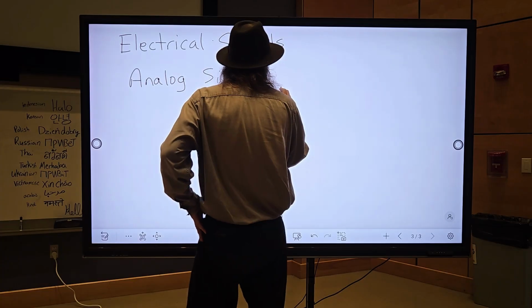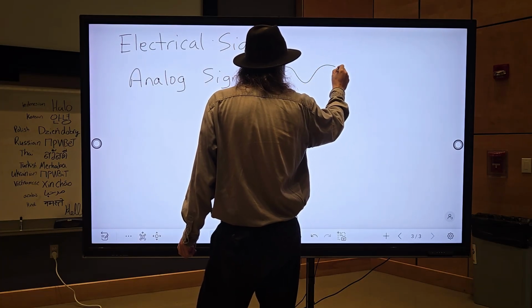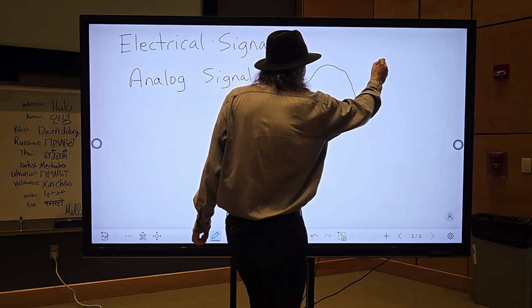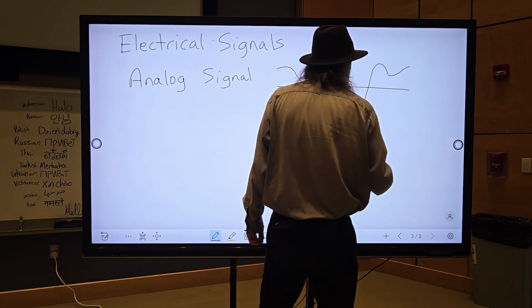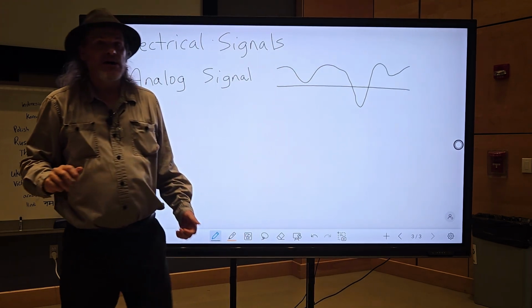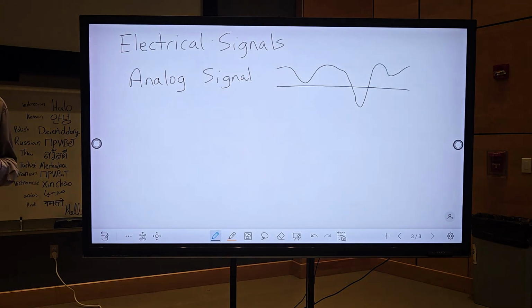It is a signal that varies over time. The voltage might vary over time, like the signal from a microphone. The sound is an analog signal.